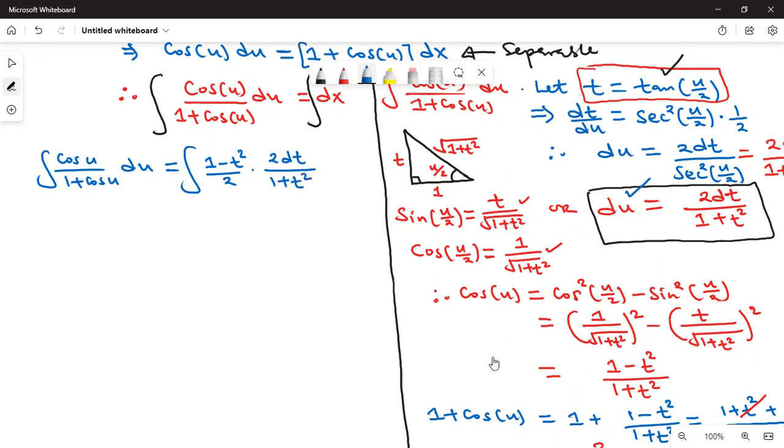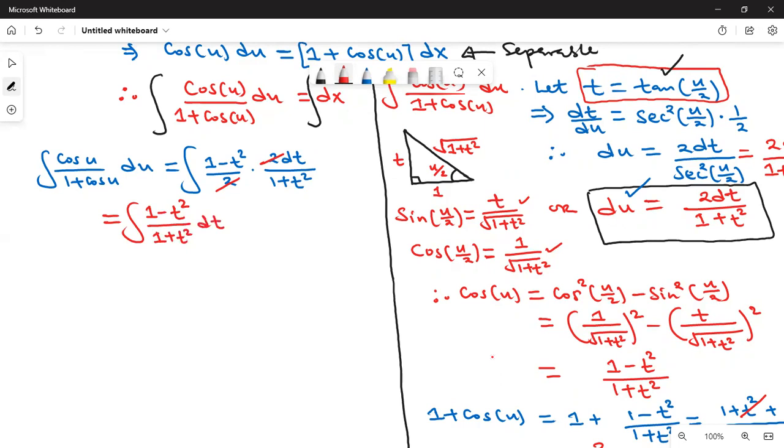You see that the 2's will cancel. So we only now talk of the integral of 1 minus t squared over 1 plus t squared dt.